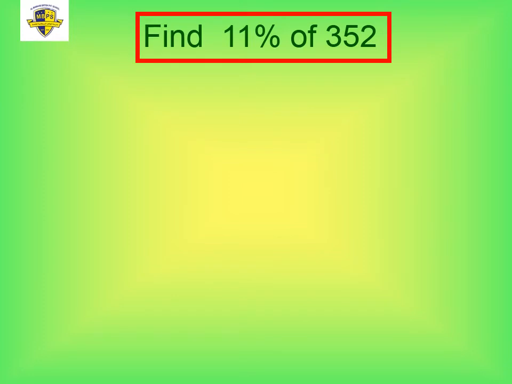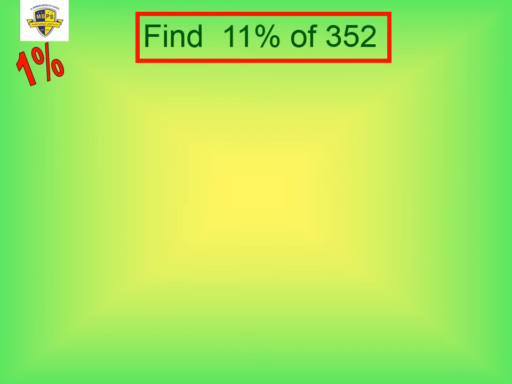Well, now we have an example to practice this. We want to find 11% of 352. First, we want to find 1% of this number. Who can find 1% of 352? Good. What is the rule?